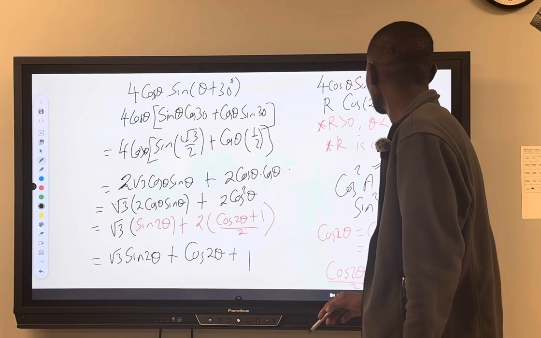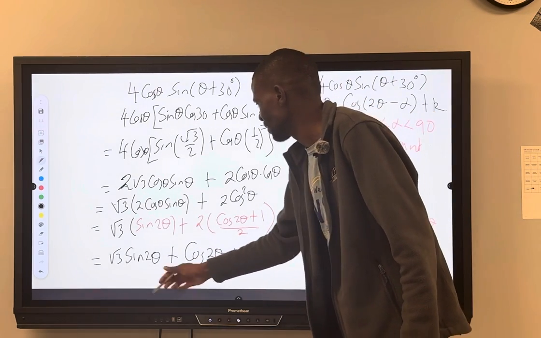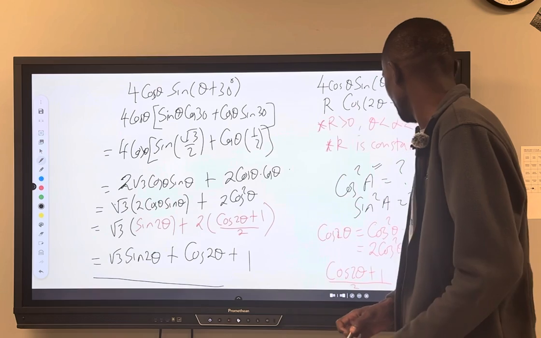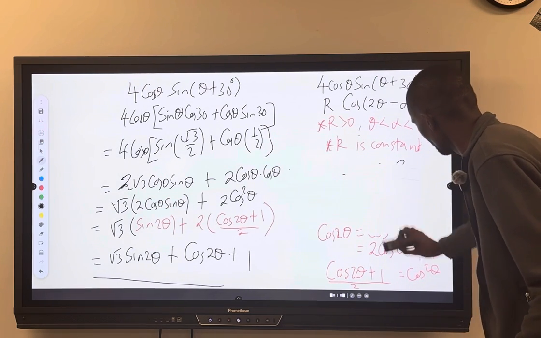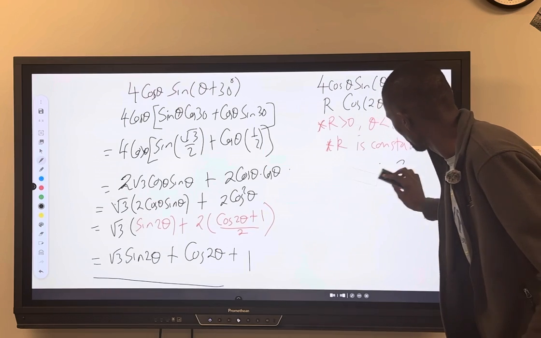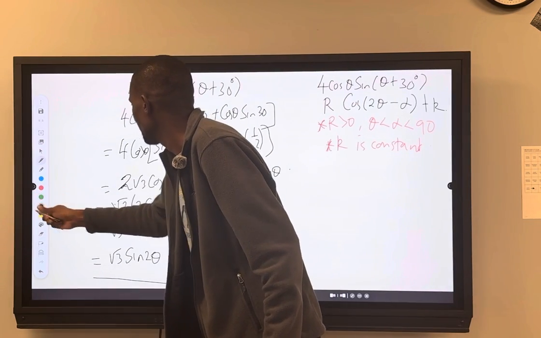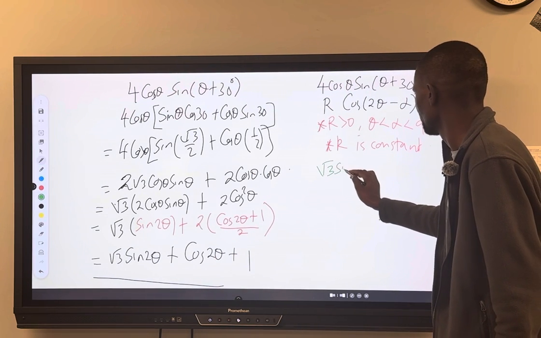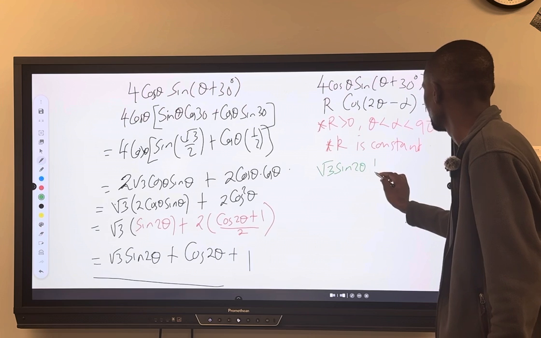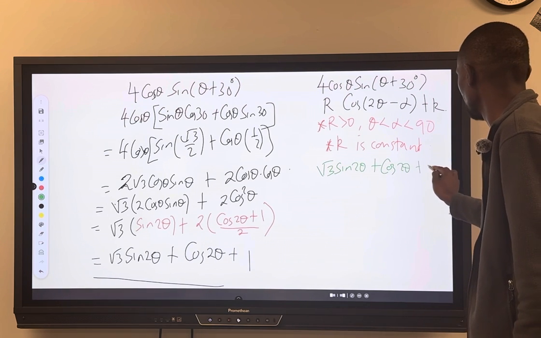We are not yet done, but we have this part here, so I'm going to write it down. So this part becomes root 3 sin 2 theta plus cos 2 theta plus 1.